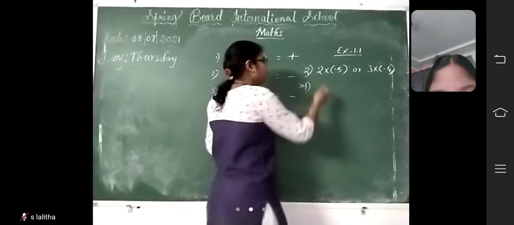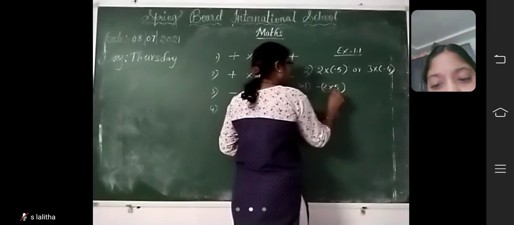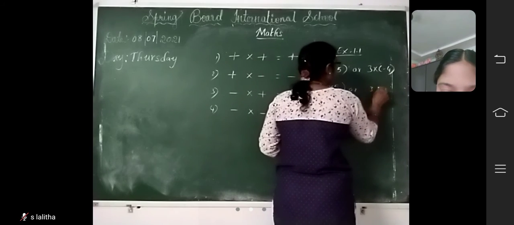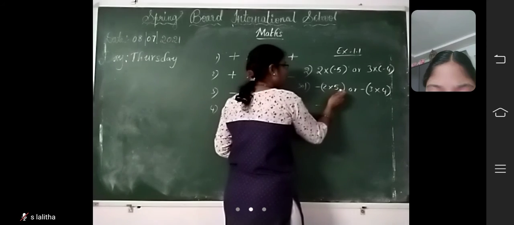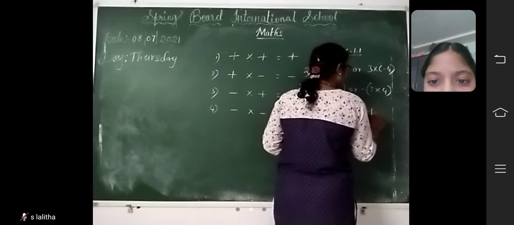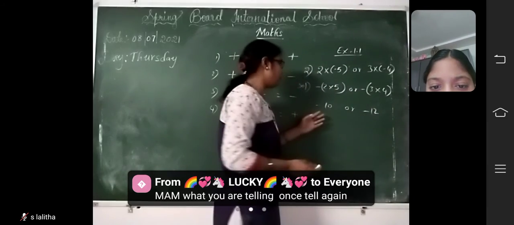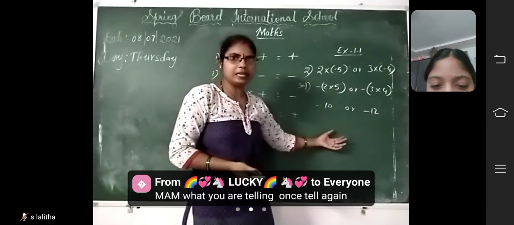How can you do? Minus of 2 into 5 or minus of 3 into 4. Minus 2 fives is how much? 10, or minus 3 fours is 12. Which one is greater, minus 10 or minus 12? Minus 10 is greater. Why?